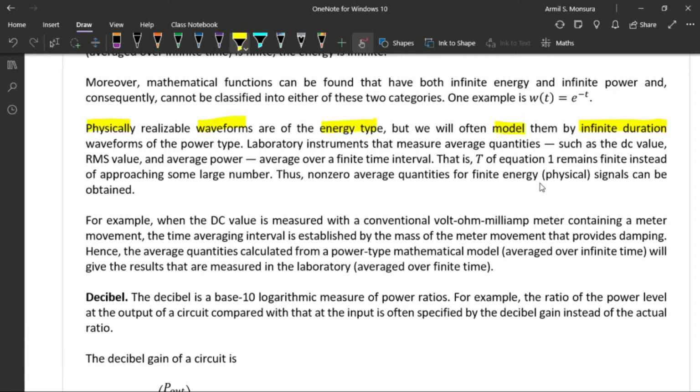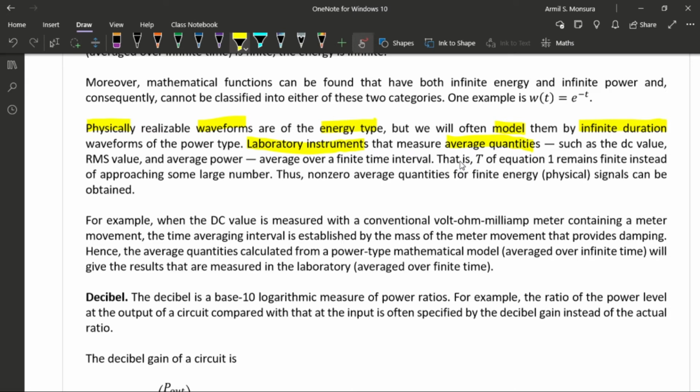The theoretical values we can compute, such as the average power and the RMS value, for example, may differ from the readings of the laboratory instruments that we use to measure average quantities. Again, these quantities presuppose that your waveforms are of power type, or of infinite duration.